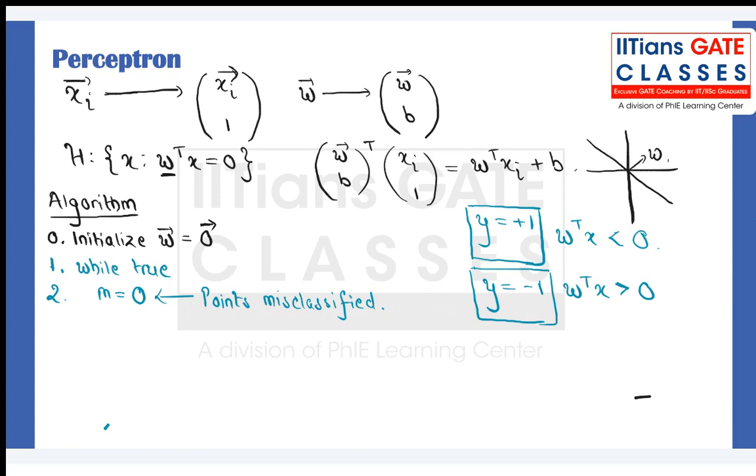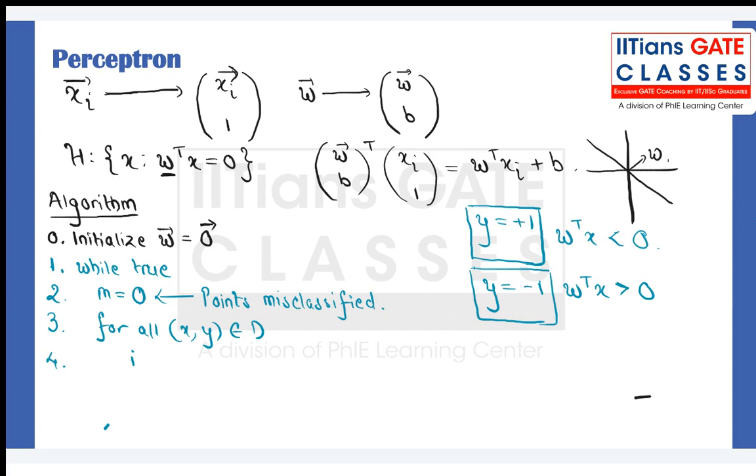So the third step is you iterate over all your data points, for all x comma y belonging to the data set D. Please pay attention here, it's a very important thing and very interesting as well.